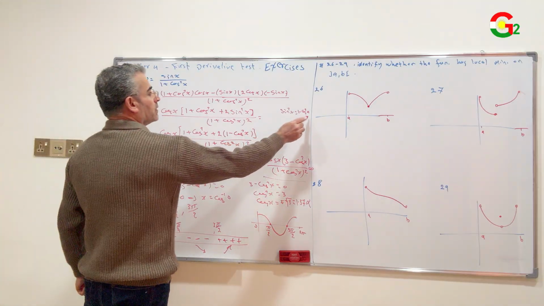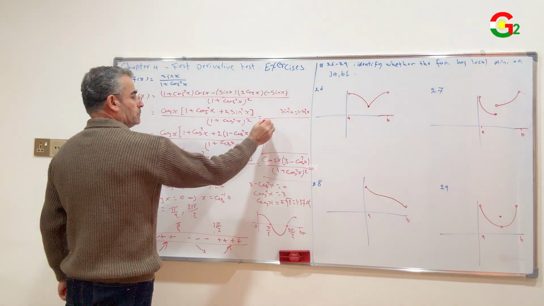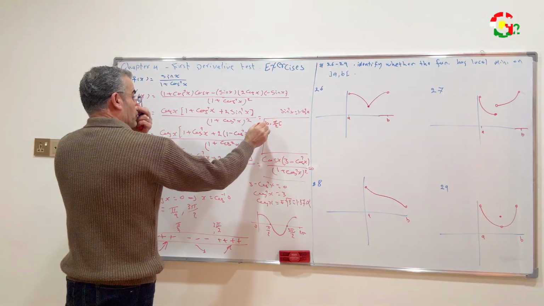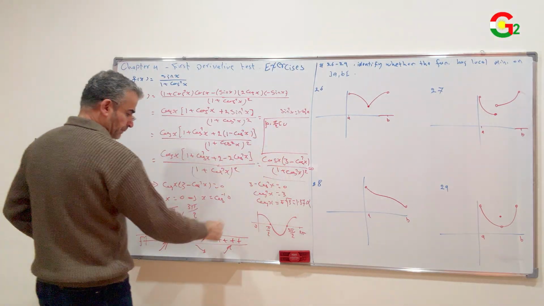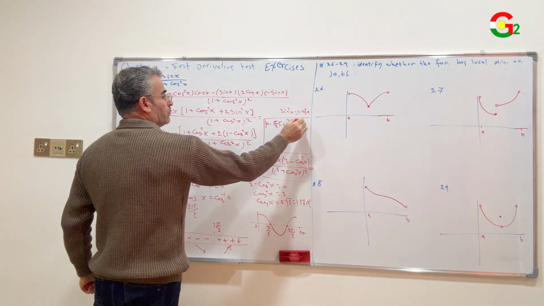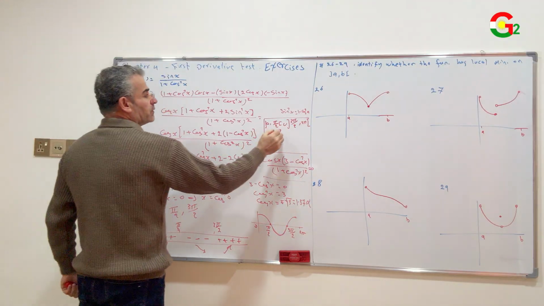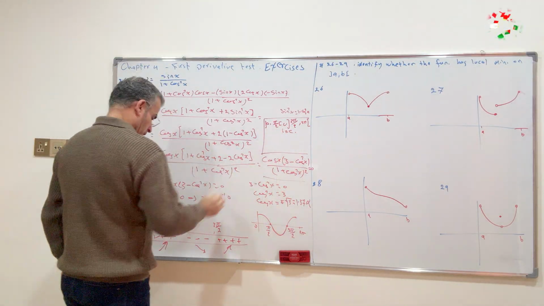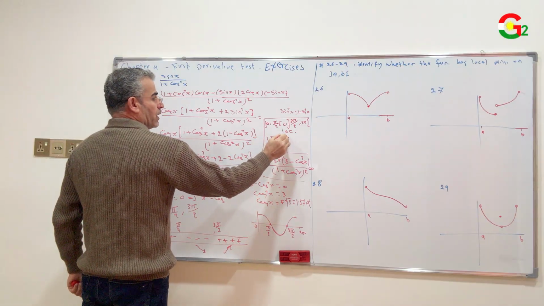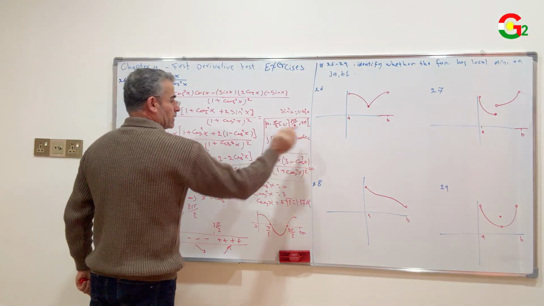Let us write it here. From 0 to pi over 2 union the interval 3 pi over 2 to 2 pi are the intervals of increasing, and the interval pi over 2 to 3 pi over 2 is the interval of decreasing.